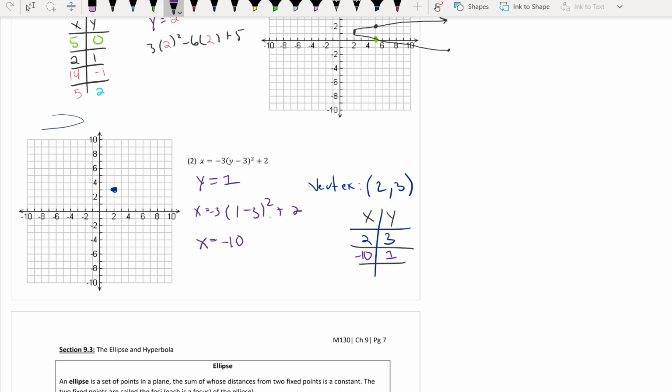So let's see what happens when I plug in, let's say, a negative 2 in for my y value. So for that y value, let's plug in a negative 2 and see what happens. When I plug in a negative 2, I get something like a negative 73.